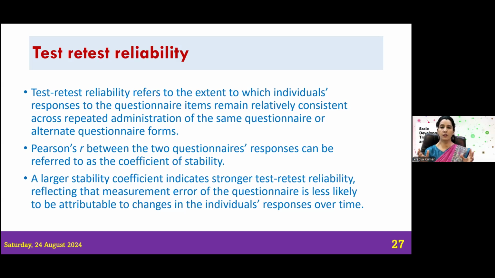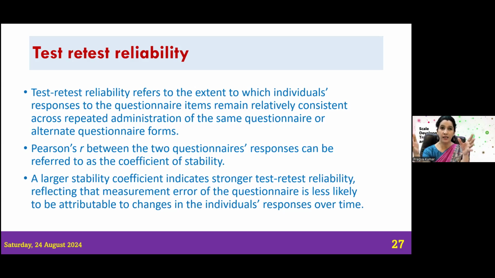Suppose you have got an initial pool of, let's say, 150 items, and you have devised one scale, and the content validity index of, let's say, 90 items is very good, but you cannot keep 90 items together. So what you can do, you can keep like 20-25 items in one set, and form another alternate questionnaire with another 25 items with a good content validity index. And you can see the correlation between these two also.